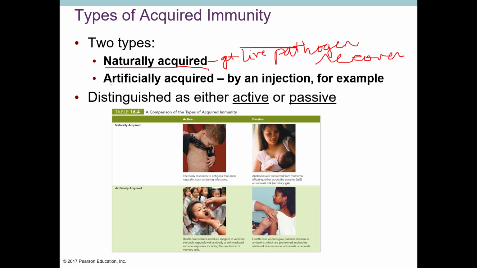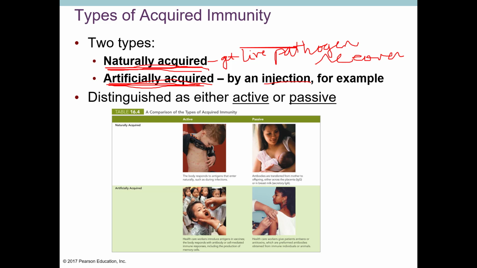Artificially acquired immunity means you didn't actually get the live pathogen, but somehow it got into your body, like injected with a needle. So a vaccine would lead to an artificially acquired immunity. Now, both of them are fine. One's not better than the other. In fact, a vaccination doesn't put you at risk.